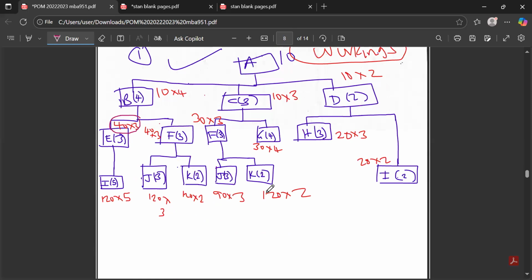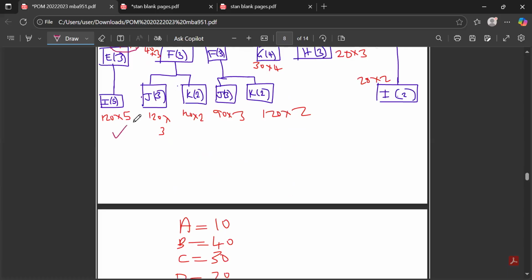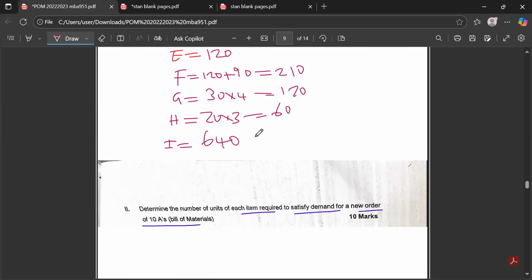That is for our H. Our I, we combine the I, 120 by 5 and the 20 by 2. So here we have the 40, and then here is 120 by 5, which is 600. So 600 plus 40 gives us 640 for I, which is the same I.